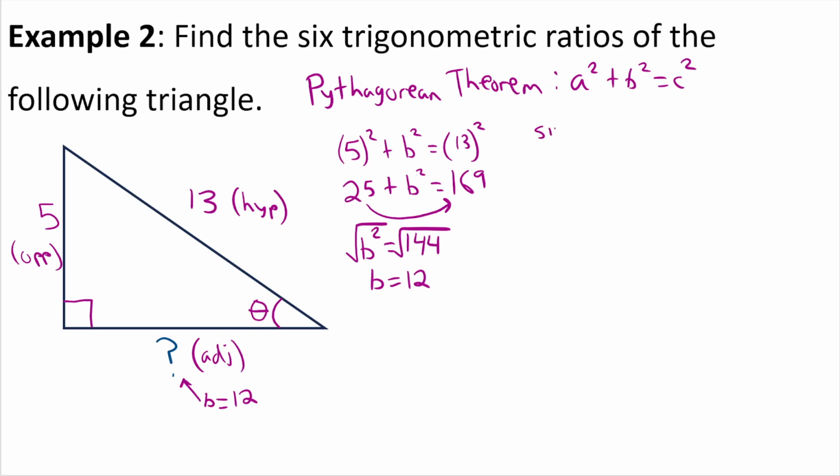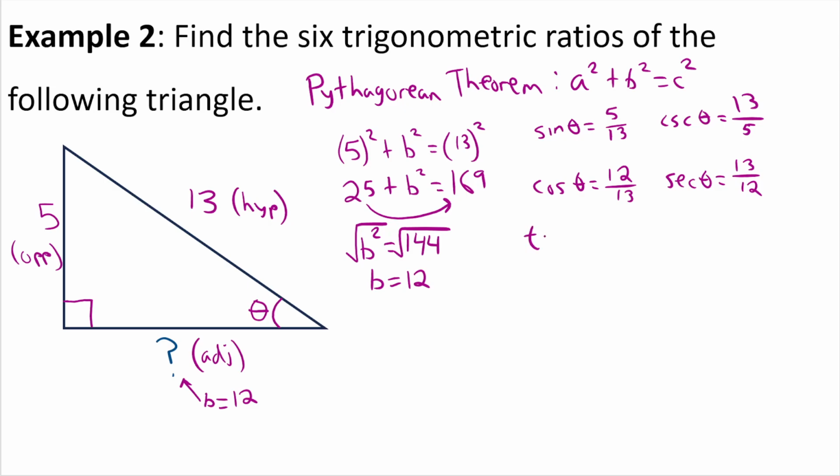So sine of theta equals opposite over hypotenuse, so 5 over 13, which then shows that cosecant is equal to 13 over 5, because it is the reciprocal of sine. Cosine of theta is equal to 12 over 13, which shows that secant is equal to 13 over 12.